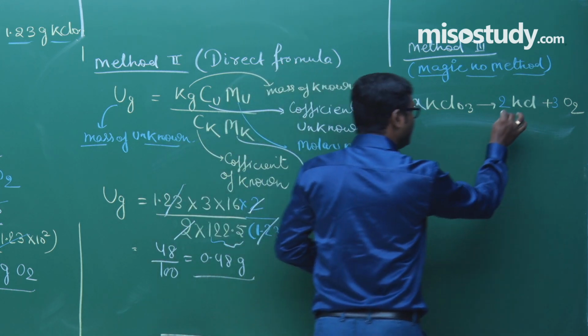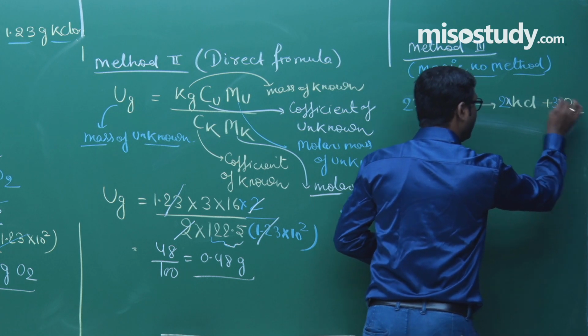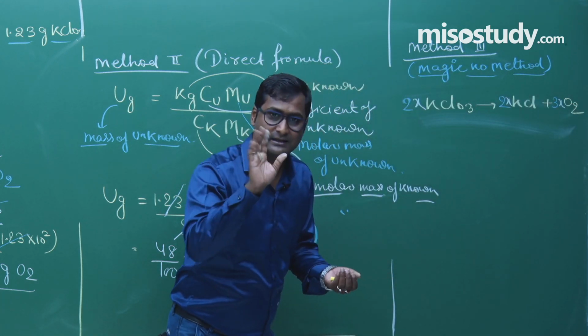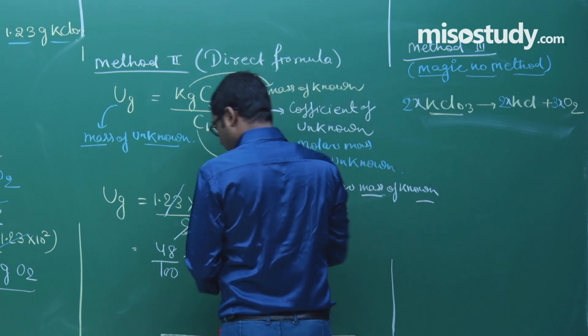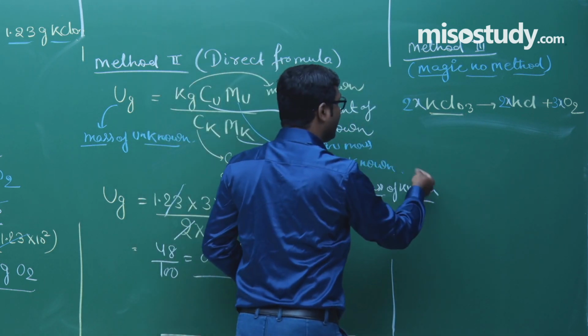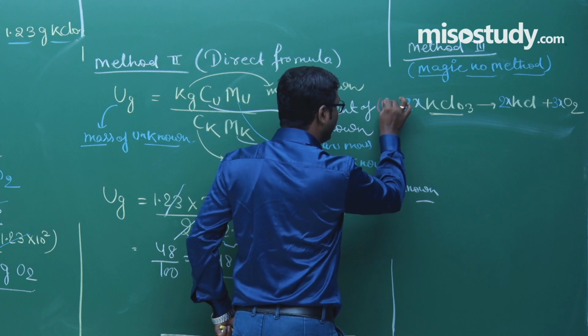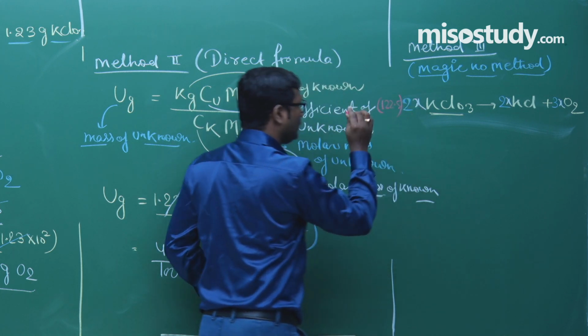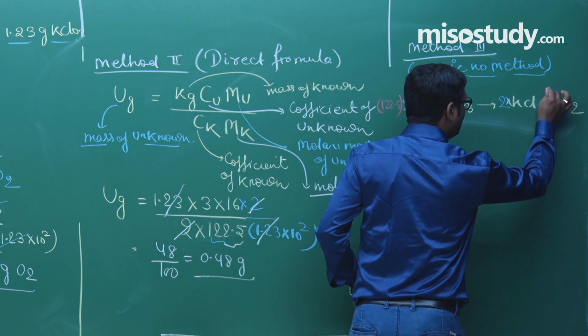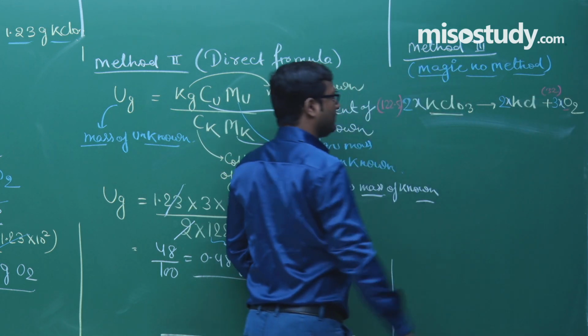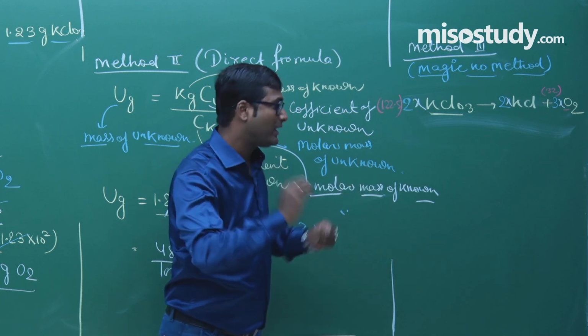Put here X, put here X and put here X. Clear to you? This is the technique. Now, what is the molecular mass of KClO3? That is 122.5. Put here 122.5. And what is the molecular mass of O2? That is 32. Put here 32. Am I right?